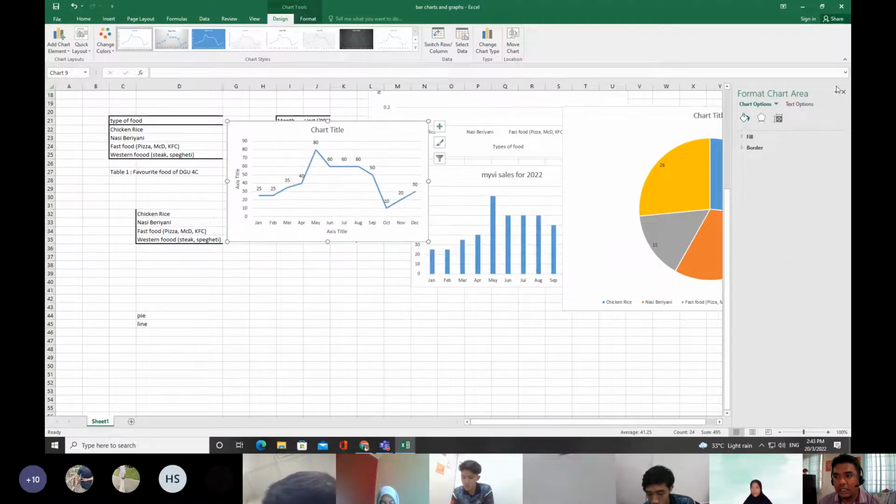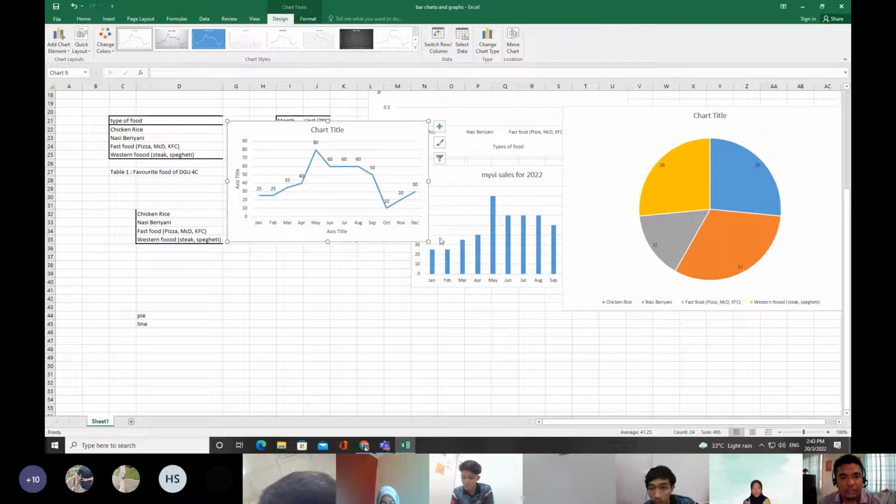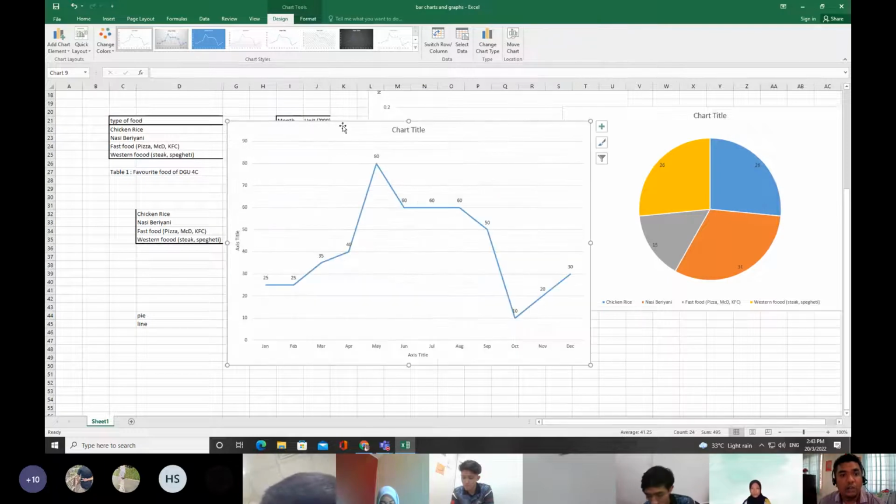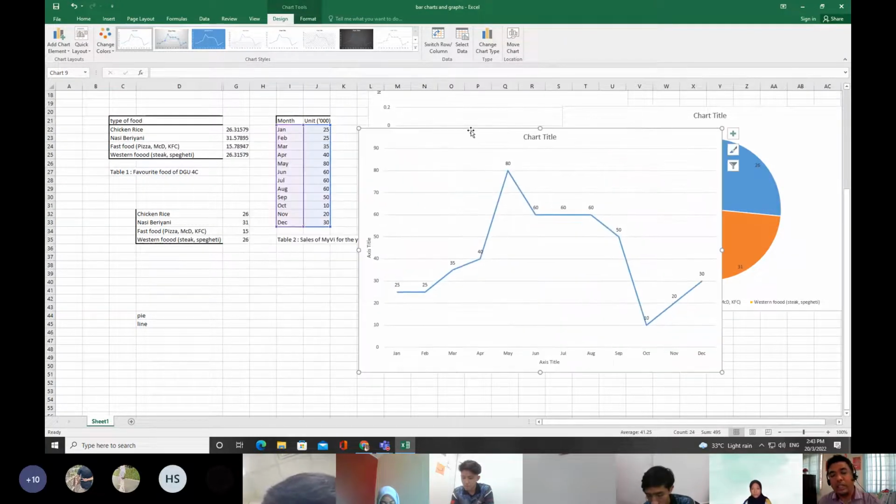So line chart is very, very different. For a line chart, you don't look at which one. Yes, you can see from a line chart the highest data point, but you are looking at the movement of the chart.